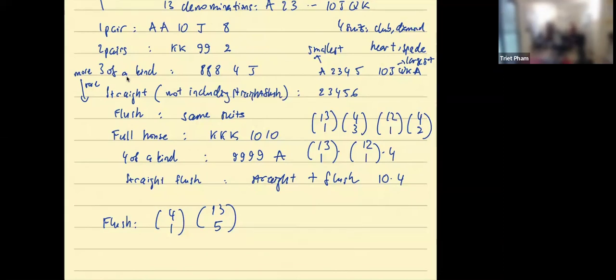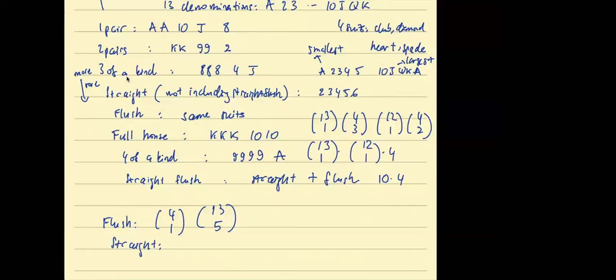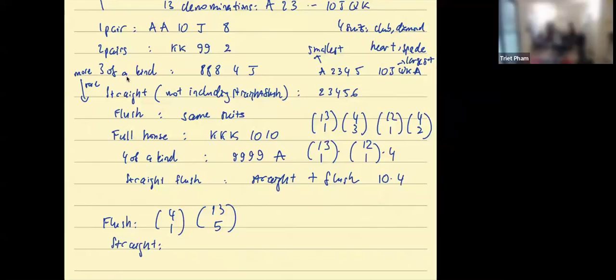How many ways can we get a straight? 9 times 4 to the fifth power. 10, not 9, because there are 10 ways to get a straight. Oh, very good.